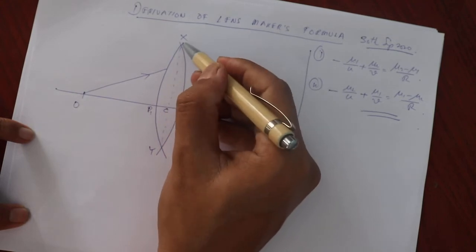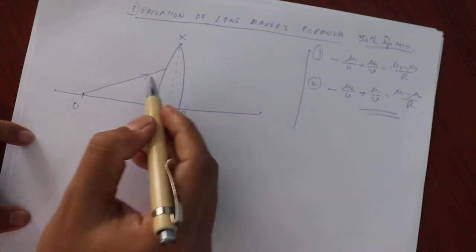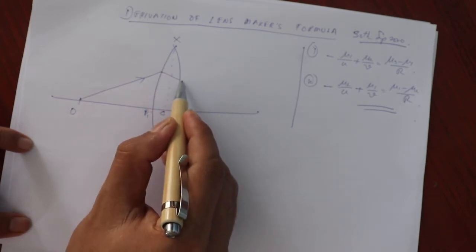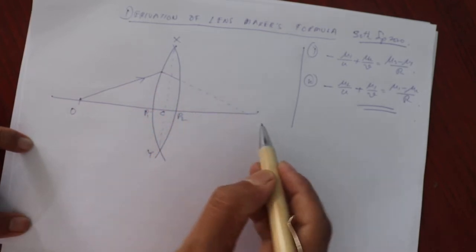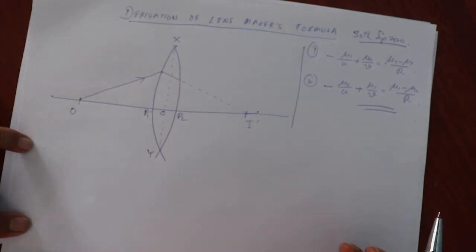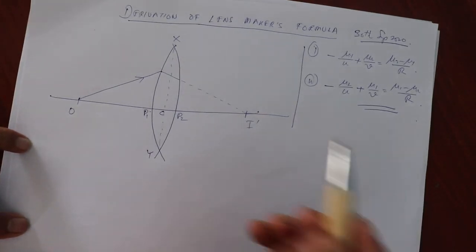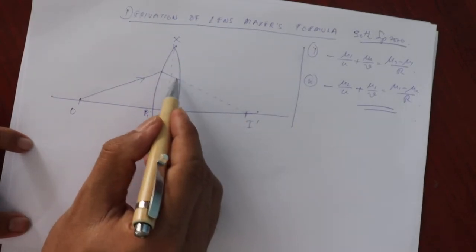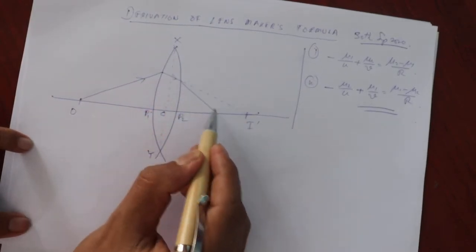On the first surface XP1Y, this suffers refraction here. So an image should be formed. Let's say this image is formed here, and you have another surface XP2Y. Because of XP2Y, you have one more image formed here.